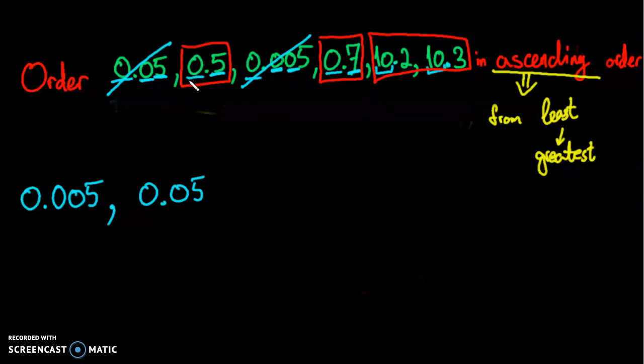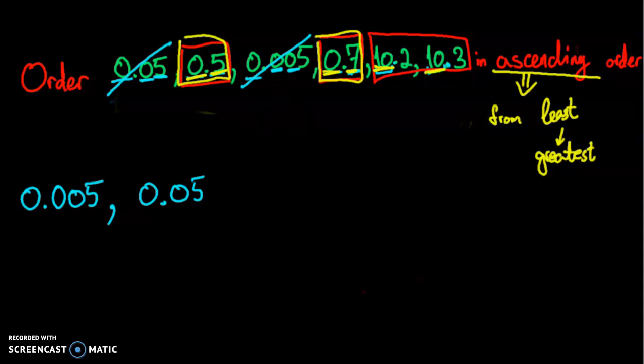We start from the beginning. We have a 0, a 0, 10, 10. We don't need the tens because 0 is smaller. So now we look at these two numbers. We leave the 10 because it's big. Now we have a 5 and a 7. 5 is smaller.